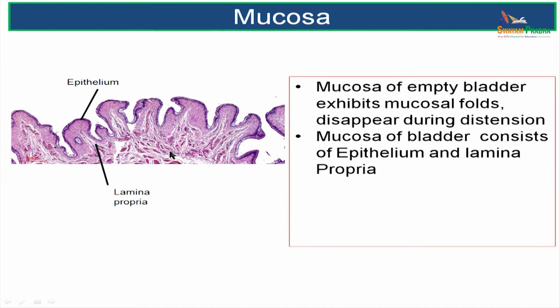Please understand that the mucosa of an empty bladder exhibits mucosal folds, similar to what we have learnt in the ureter. When the bladder gets distended with urine, the mucosal folds will disappear. So, mucosa consists of transitional epithelium and underlying lamina propria.